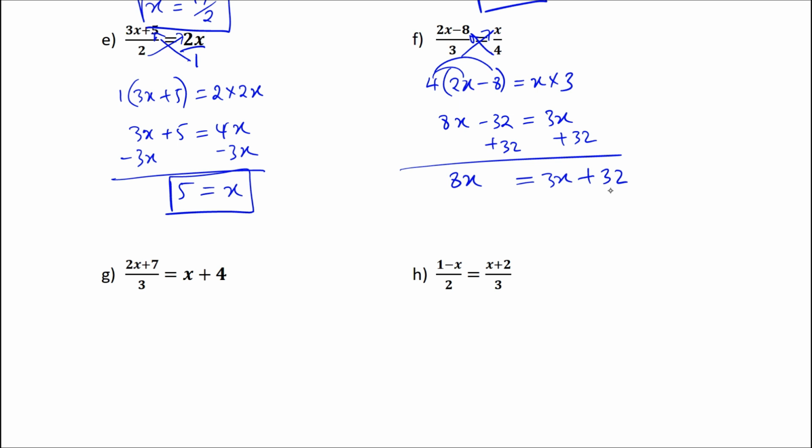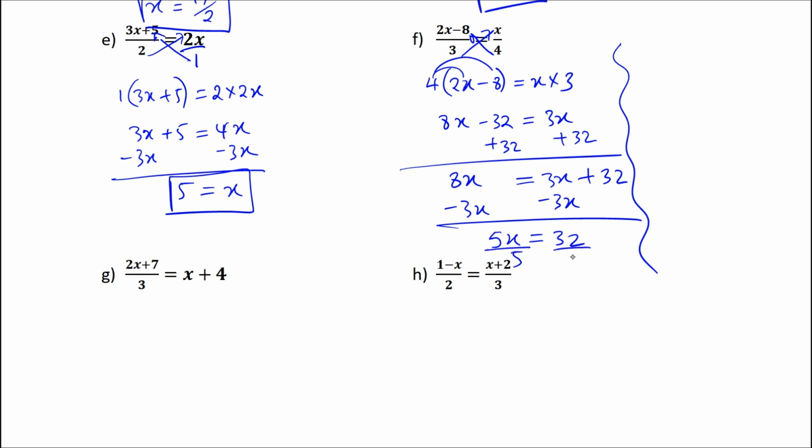And then you can subtract 3x from both sides. So you'll end up with 5x will be equal to 32. And the opposite of multiplying by 5 is dividing by 5. So you can just divide by 5. So x will be equal to 32 over 5. And that's an equal sign right there.